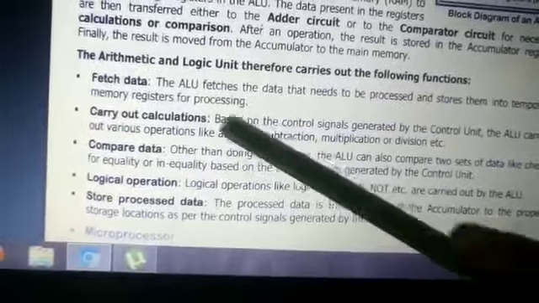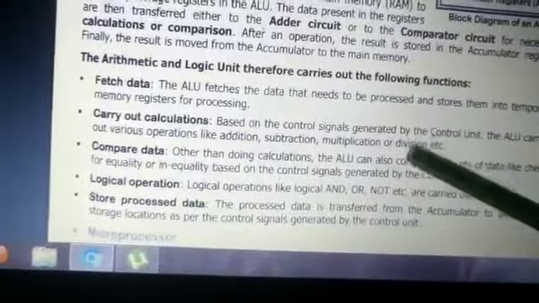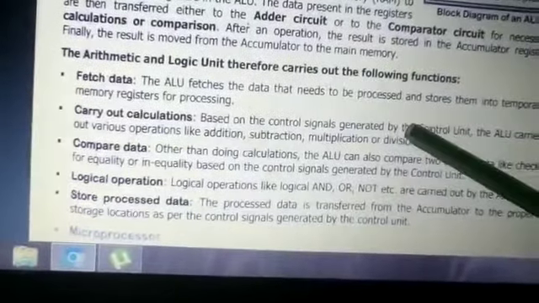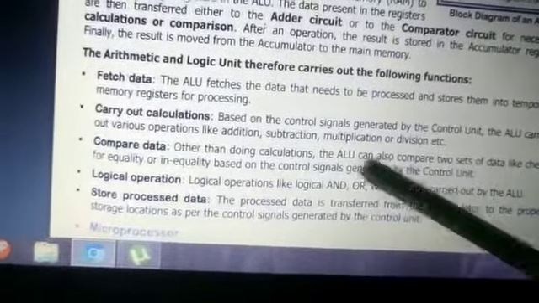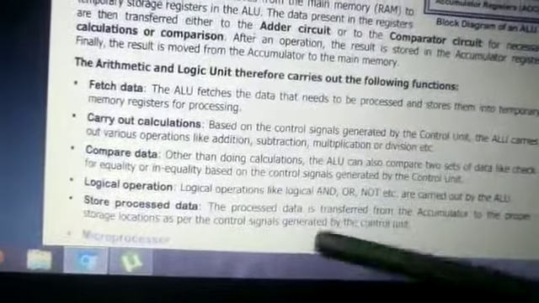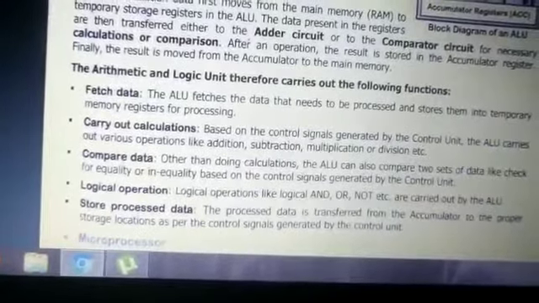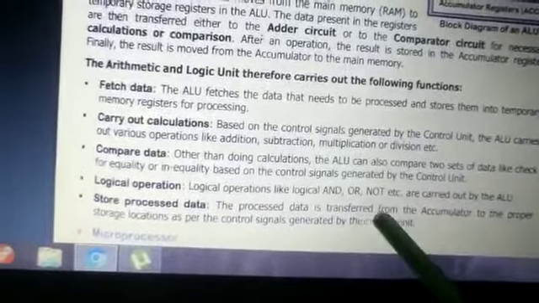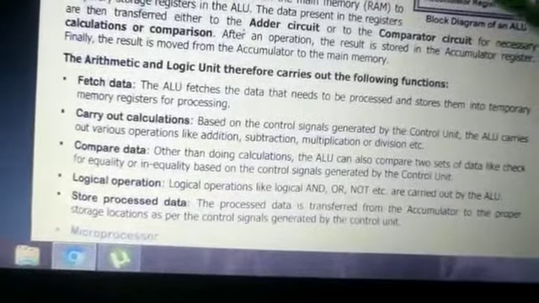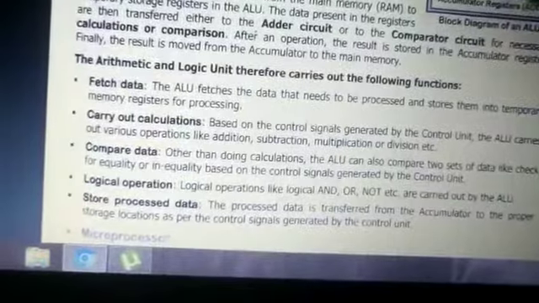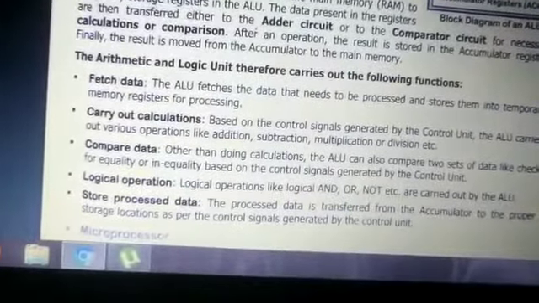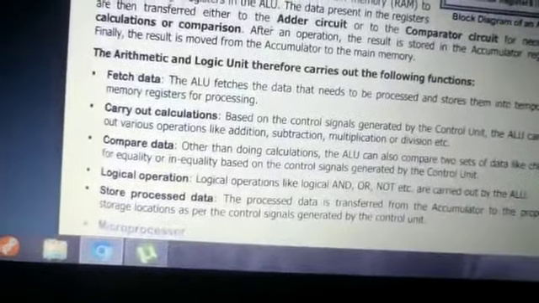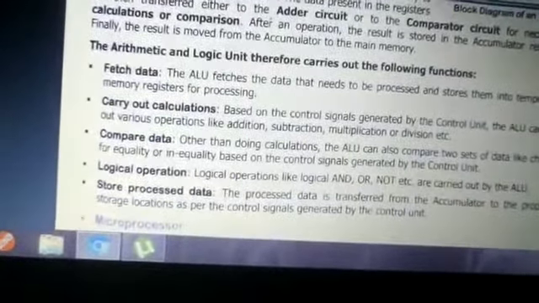After all three operations are over, that is the calculation operation, comparison operation or logical operation, then we have to store the processed data. Processed data means whatever answer we are getting after calculation. Then we have to transfer it to the accumulator. Then from the accumulator, the control unit will send signals to the main memory to store this particular answer of the instruction.